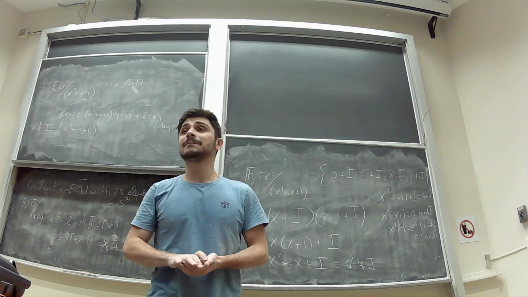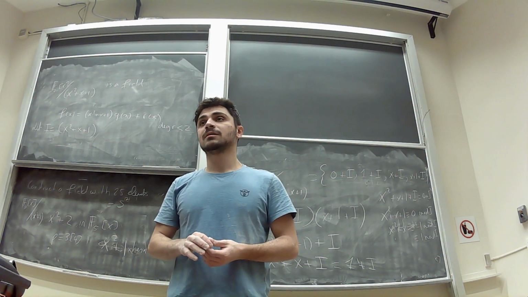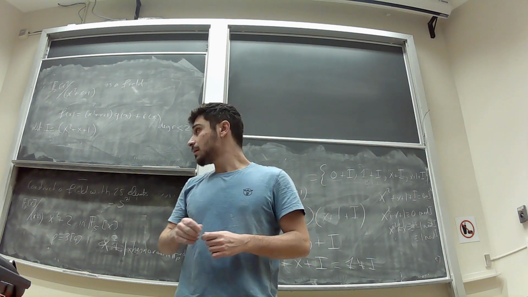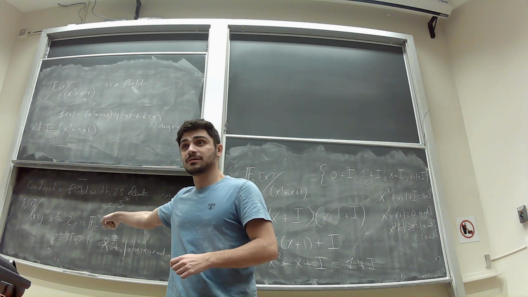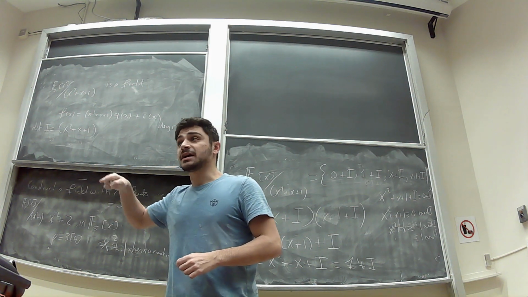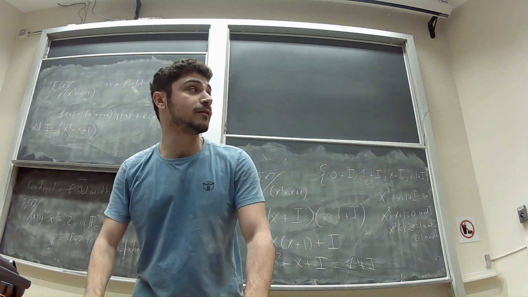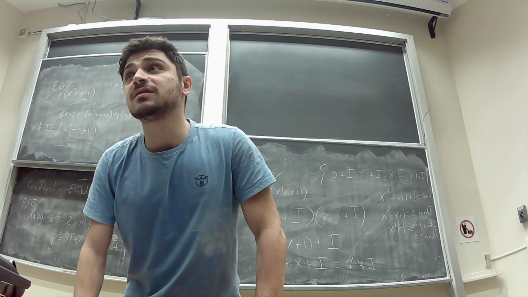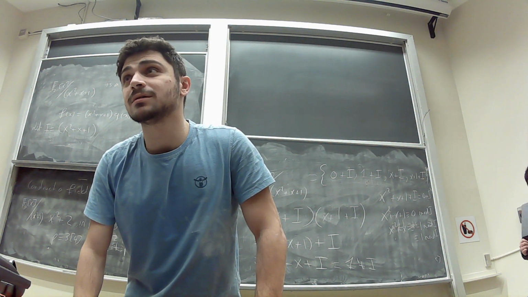I'm not sure I understand. Can you explain again why x squared plus 1 is always irreducible if p is congruent to 3 mod 4? We showed that x squared plus 1 has no roots in Fp, right? In the midterm, you have no element such that a squared is minus 1.